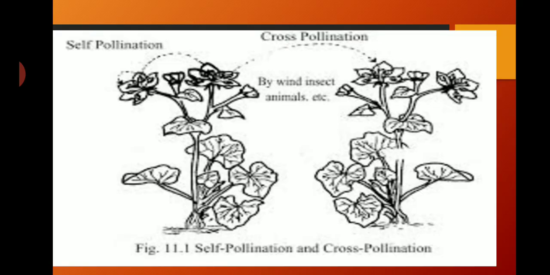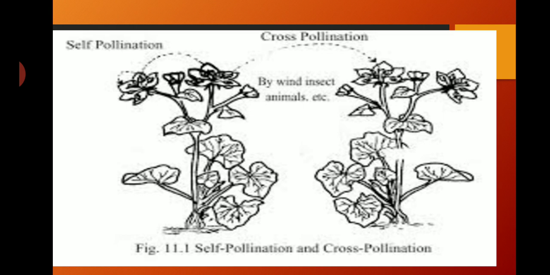Let us see the given diagram. Here there are two plants, plant 1 and plant 2. In plant 1 you can see self-pollination taking place. In this self-pollination, you can see either the pollen grains are being transferred in the same flower or another flower of the same plant.